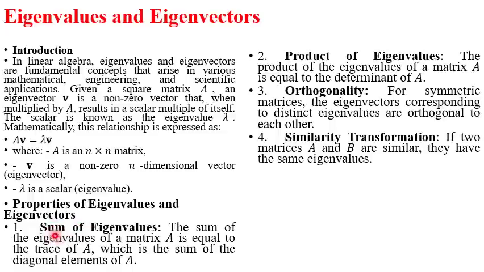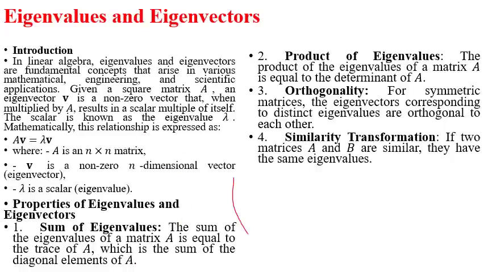However, the sum of eigenvalues of a matrix is equal to the trace of A, which is the sum of the diagonal element of A. So when you have a matrix, you know the diagonal element.